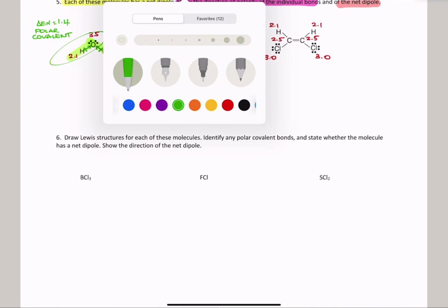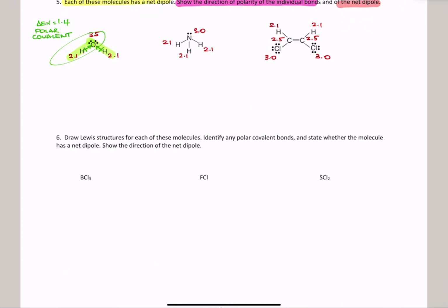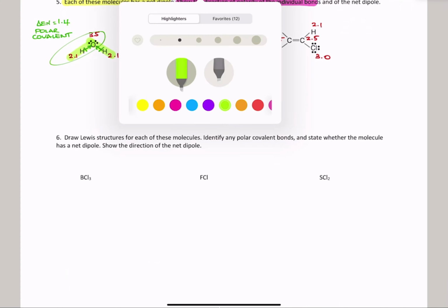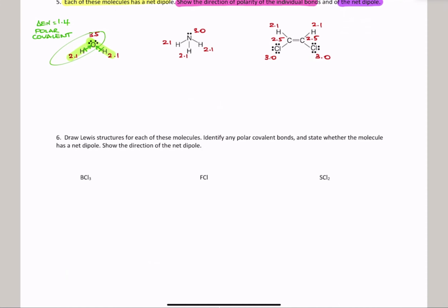When I add these two vectors together, I get an overall net dipole, and I'm going to use purple for it, pulling to the top. Therefore, I do have a net dipole, and this molecule is said to be polar.